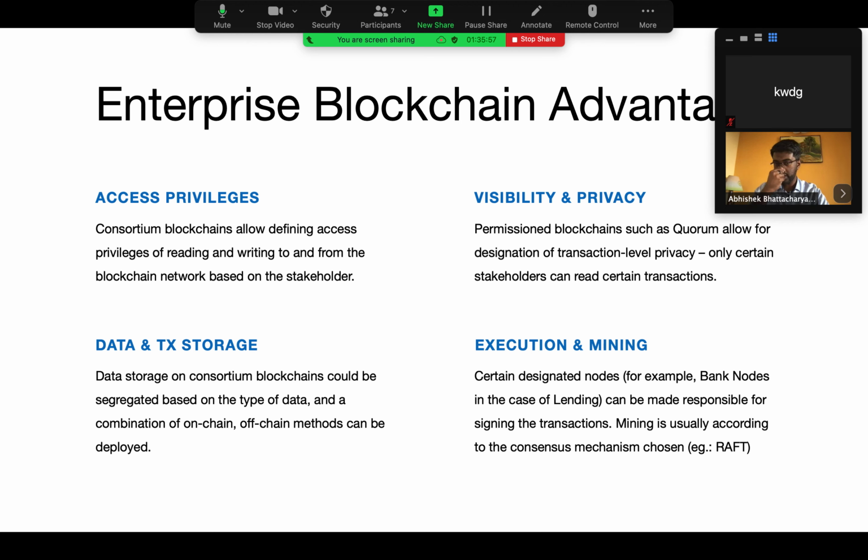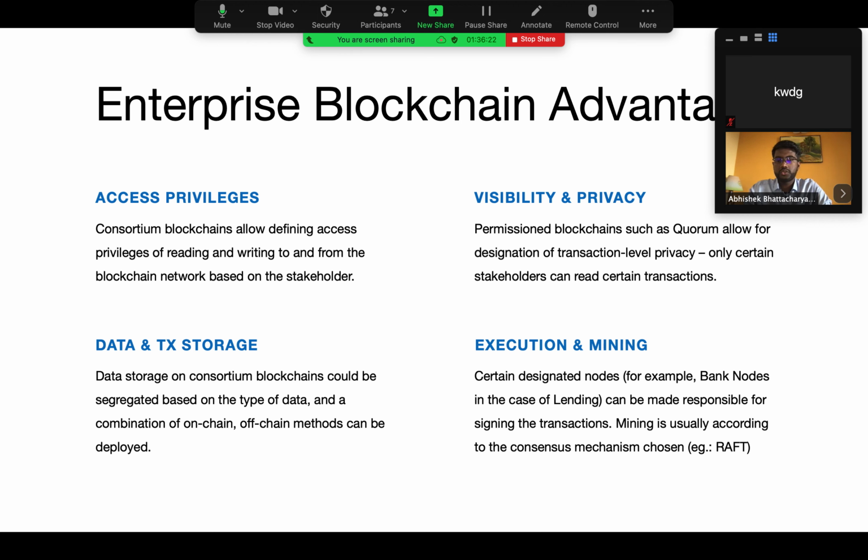JP Morgan, if you remember, is an organization which was totally against blockchain and cryptocurrencies, but later they have become so forward towards blockchain and cryptocurrency that they have built their own blockchain. They have sold it now. It has been acquired by Consensus, but Quorum was originally built by JP Morgan. So the world uses Quorum technology, and it is a permission blockchain technology.